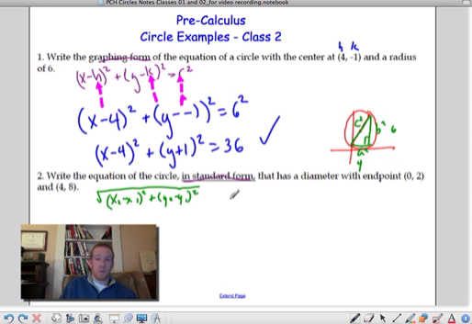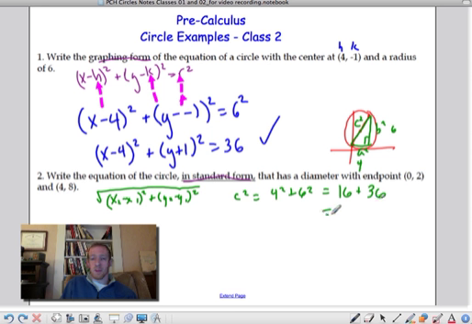C squared equals 4 squared plus 6 squared, which is 16 plus 36. My bad.